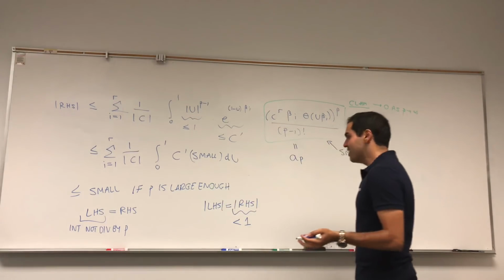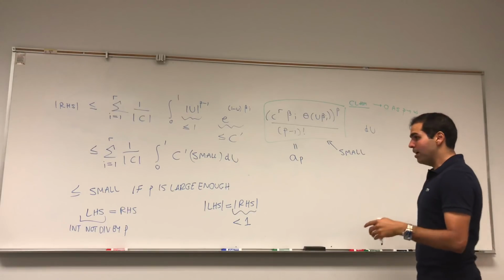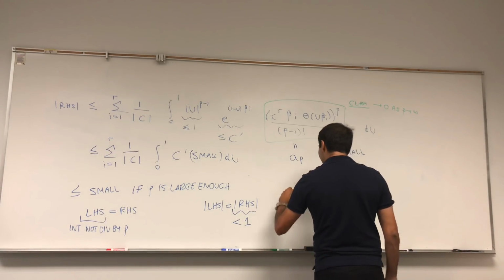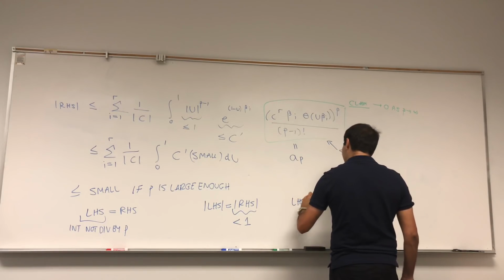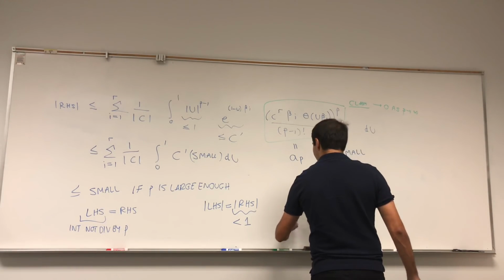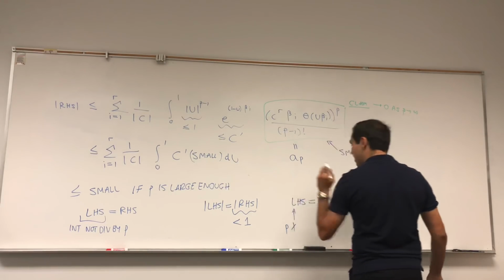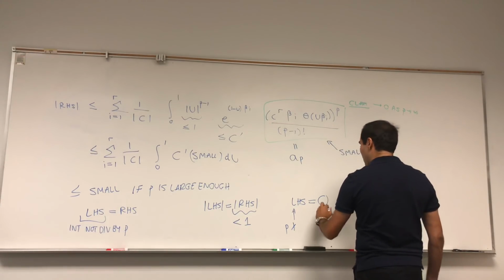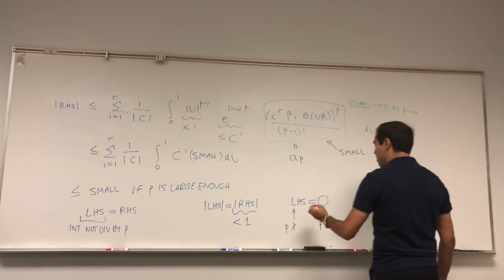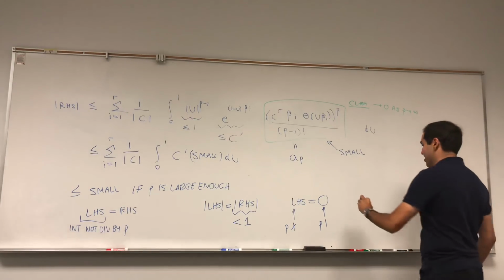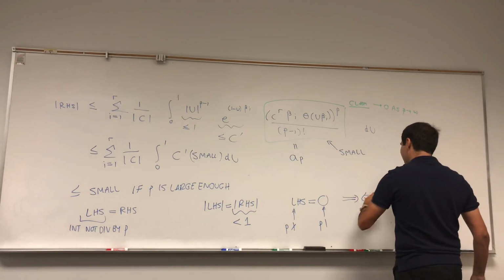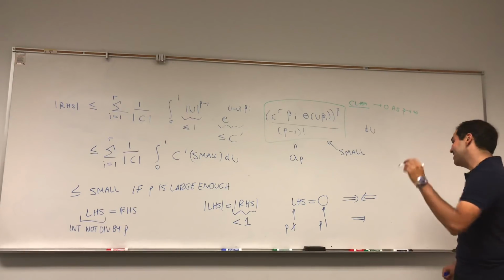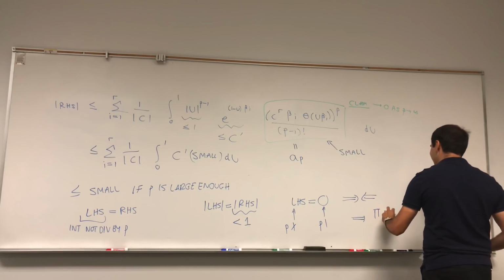So you can make this less than 1, but an integer whose absolute value is less than 1 has to be 0. So the left-hand side equals 0. But the left-hand side is not divisible by p, while p does divide 0, and that's a contradiction. And therefore, contradiction with the fact that pi is algebraic, and therefore pi is transcendental.